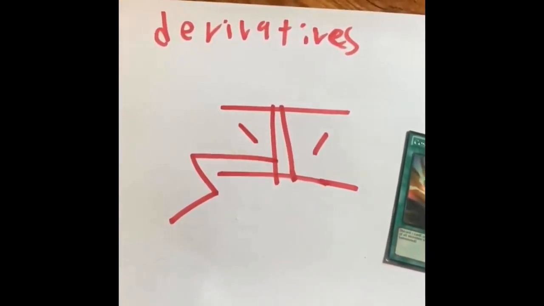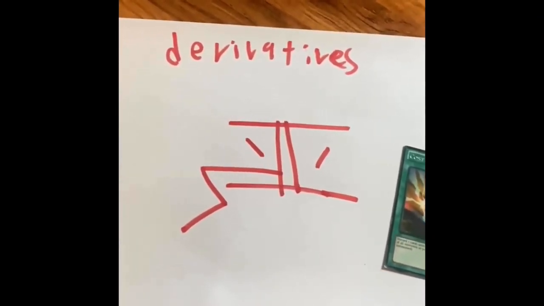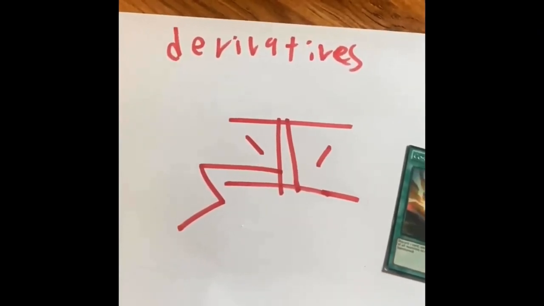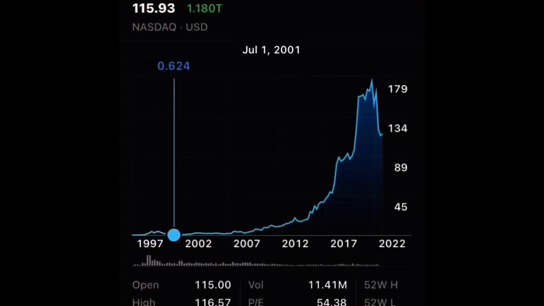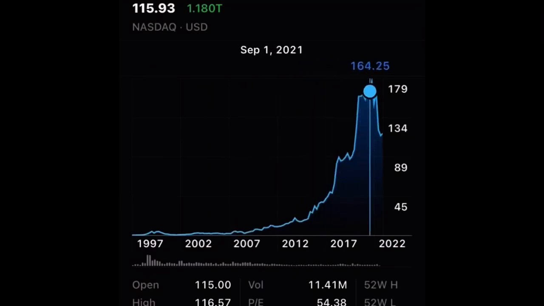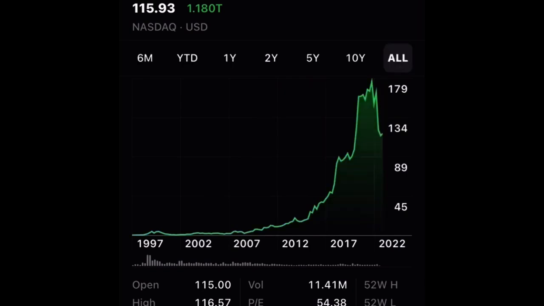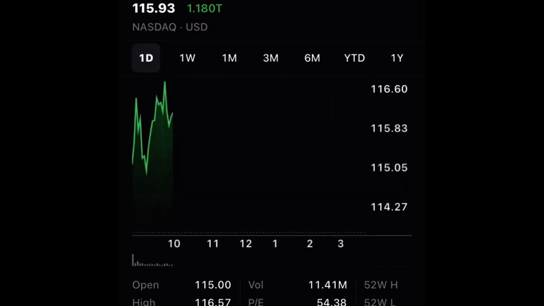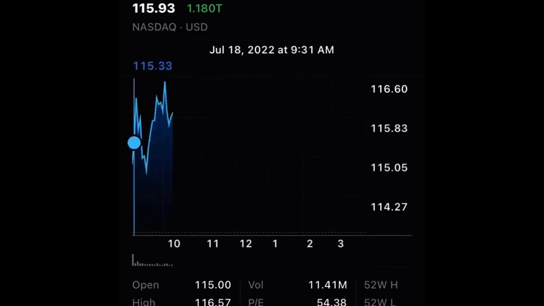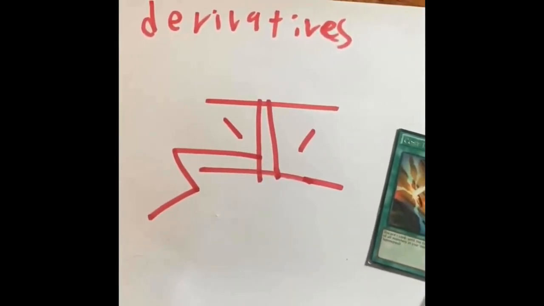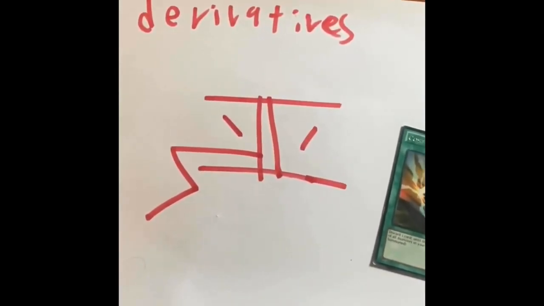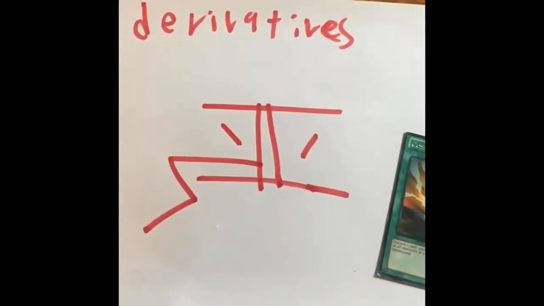So derivatives really help in the financial world. Here's an example. We are going to look at Amazon. Remember, derivatives in the real world measure how fast something is constantly changing.